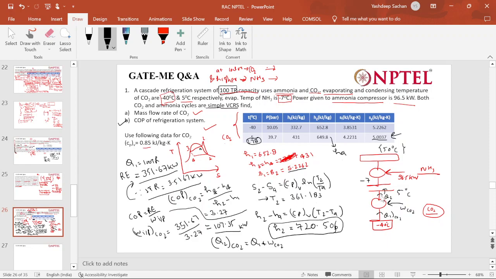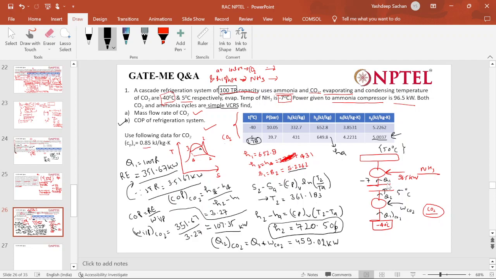Simple problem, right? What is the value of Q2? 459.02 kilowatt, right? So this heat would be transferred to this system now. This would be the refrigeration effect for this now.